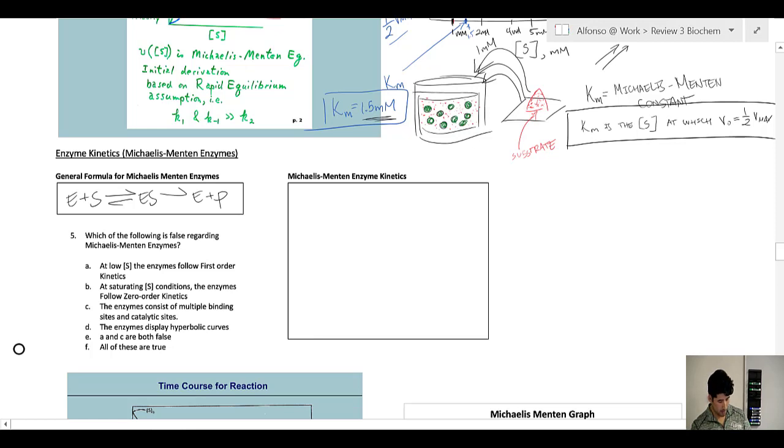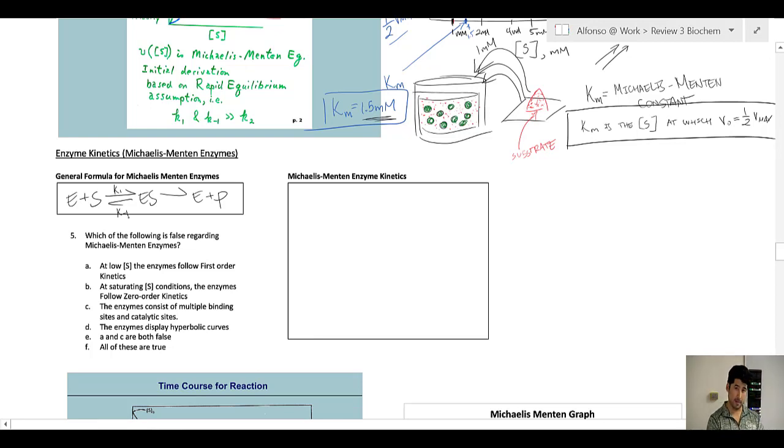So this first step right here, enzyme plus substrate forming the enzyme substrate complex, that is governed by the rate constant K1. So the forward reaction of E plus S forming the enzyme substrate complex is governed by the rate constant K1. So therefore, the reverse reaction is K sub -1.